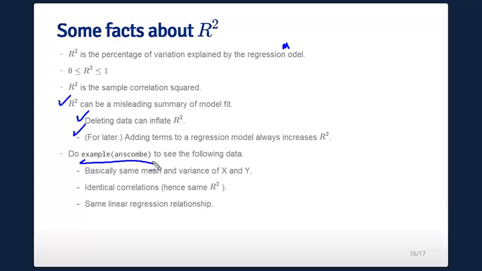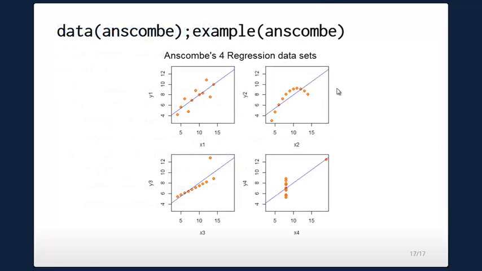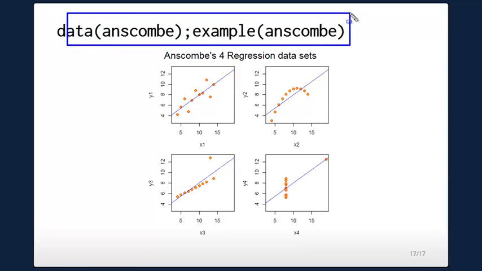And then here's an example. Anscombe came up with a great collection of data sets to illustrate some issues with R squared. They basically have the same mean for the X and Y's, about the same correlation for each data set, and the slope estimate is about the same. But when you actually plot the data, you can just do it in R by saying data Anscombe and example Anscombe, you see very, very different regression relationships. And these all have the same R squared.